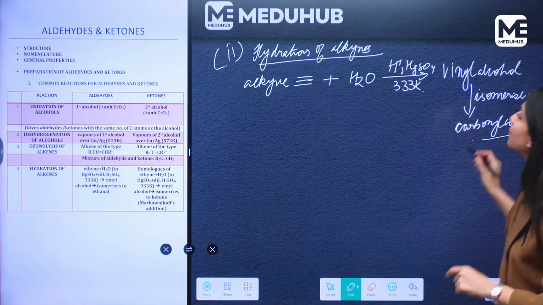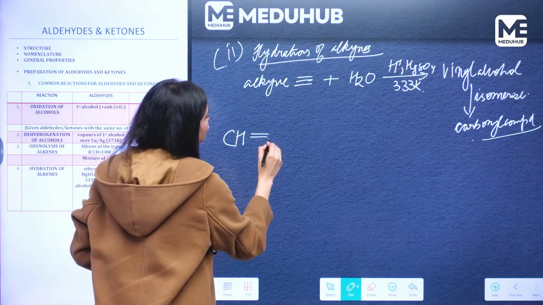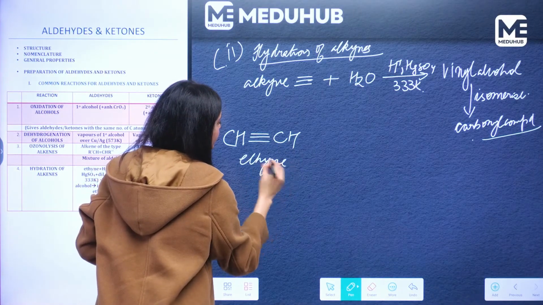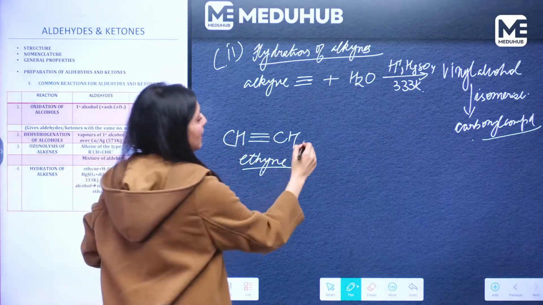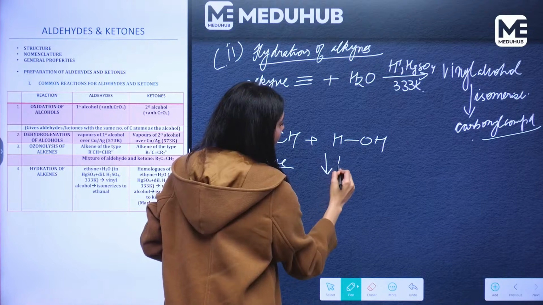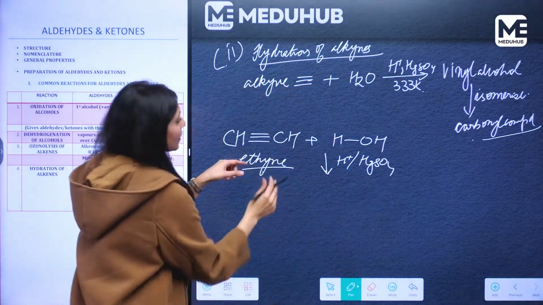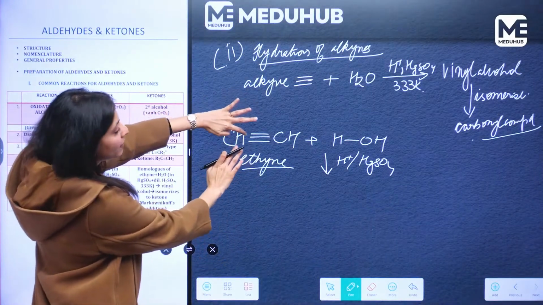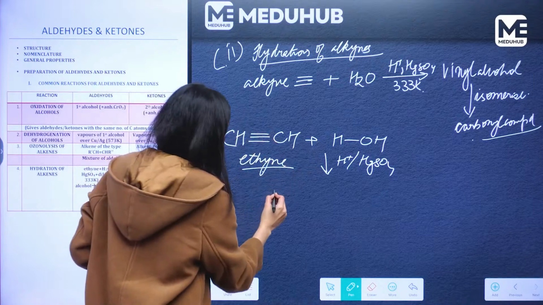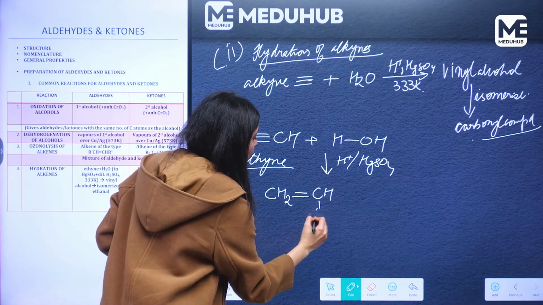Let us see how. If we take the simplest, that is CH triple bond CH, ethyne, and add on a molecule of water to it, with H plus and HgSO4, H will get added on here, OH will get added on here. Both the carbons are the same, so there is absolutely no confusion here. So we will have CH2=CHOH.